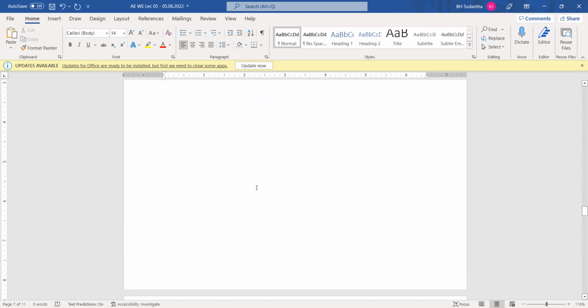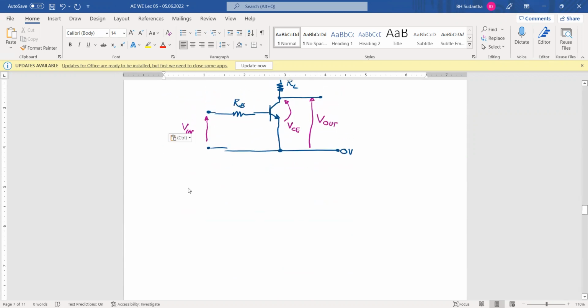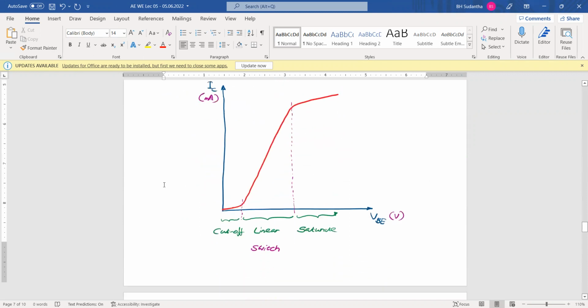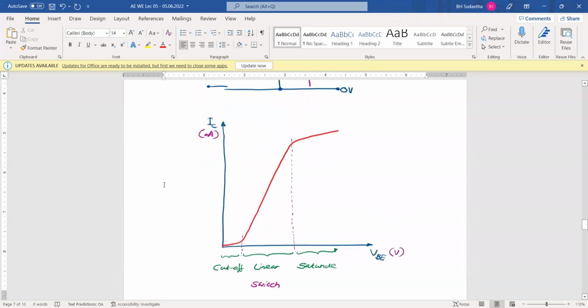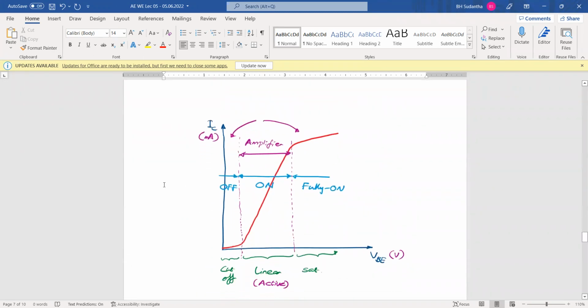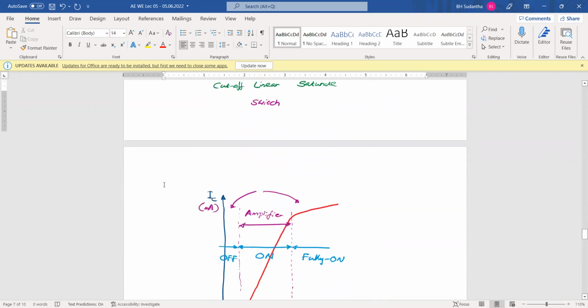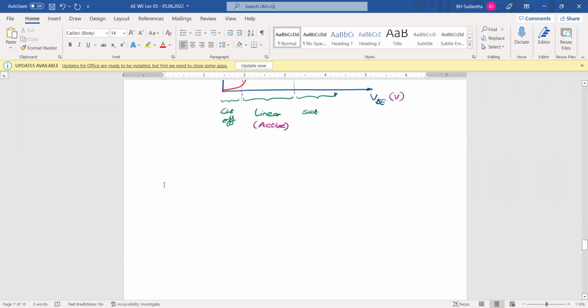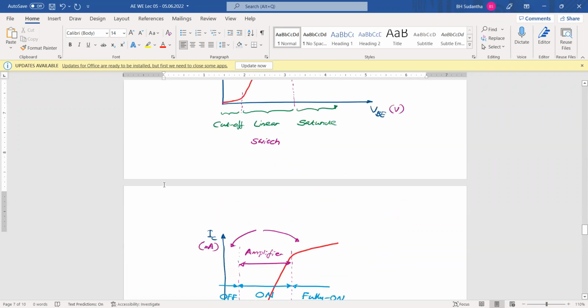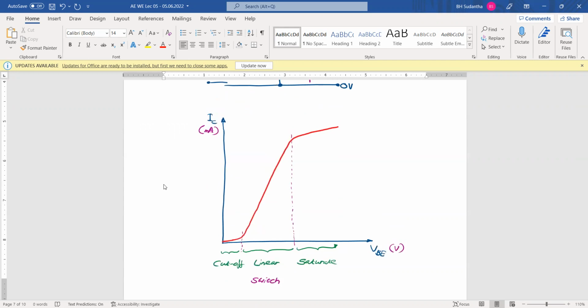But you may remember this characteristic curve we discussed earlier. Here, this one, the VBE IC curve, and you may remember that to turn on a diode, we have to apply 0.7 volts.